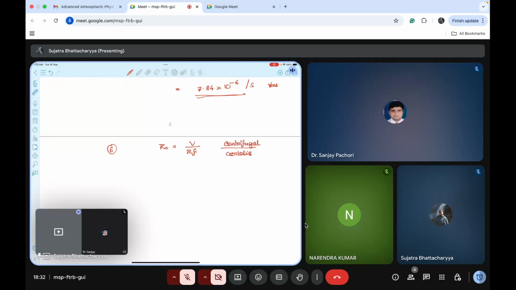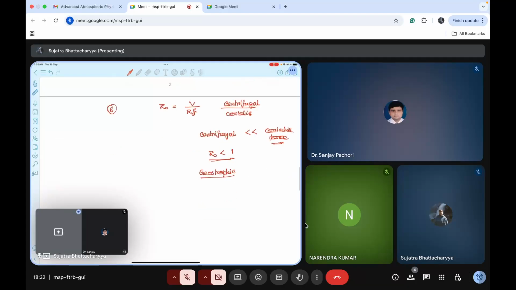So if you go by this definition, whenever centrifugal force is much less than the Coriolis force, that means the Coriolis force is important. Then you get Rossby number less than 1. And in that case, you get a geostrophic balance. And this we have shown when we tried to do the scale analysis part.